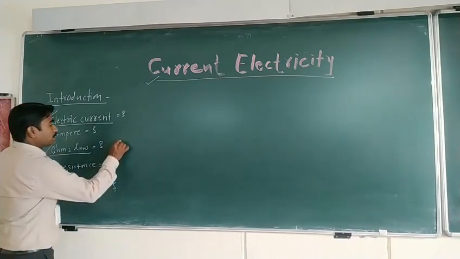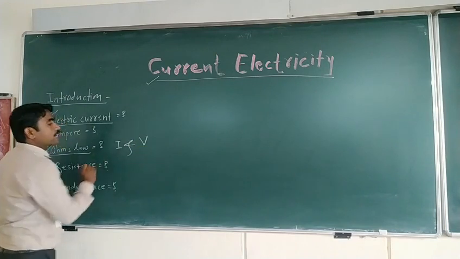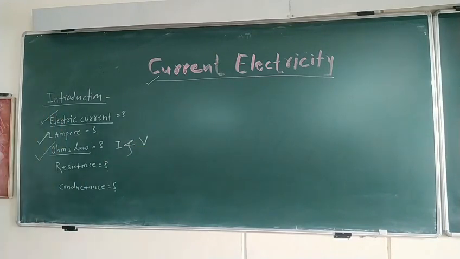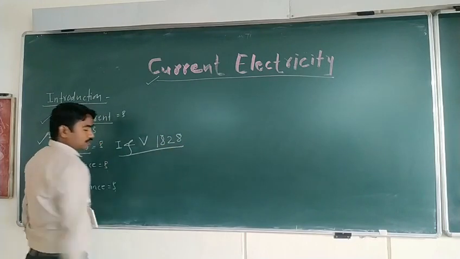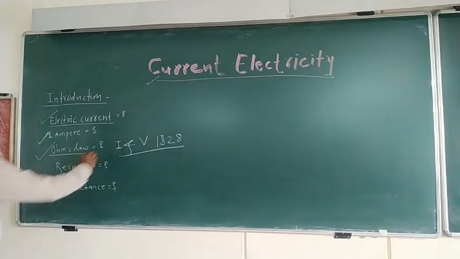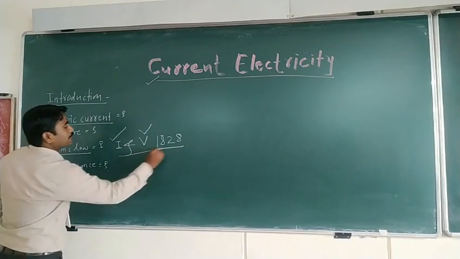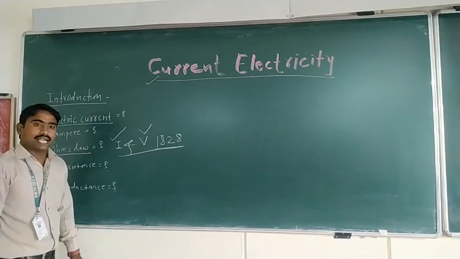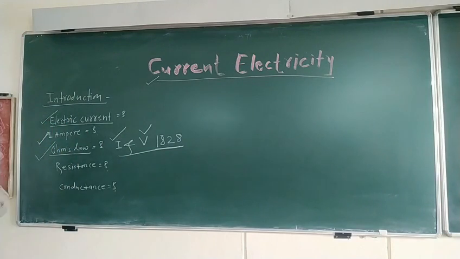In 1828, Ohm explained the easy relationship between current and voltage, or potential difference, and he stated it as a law named Ohm's law.